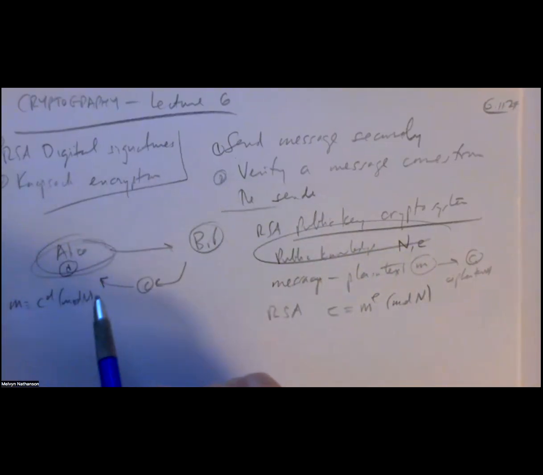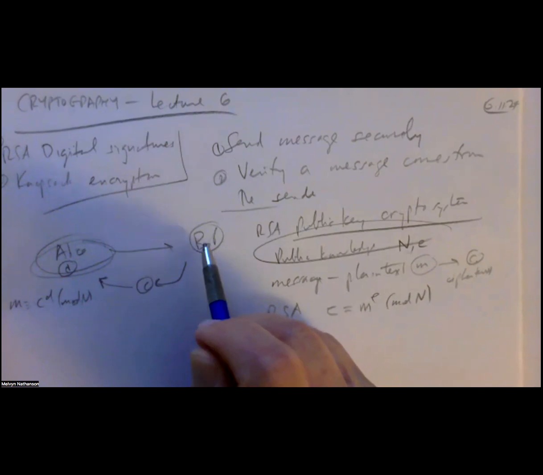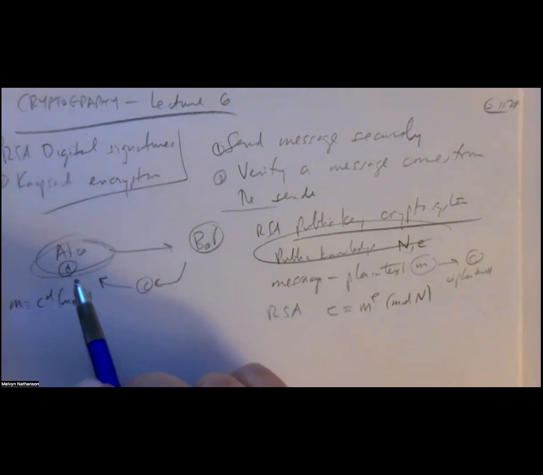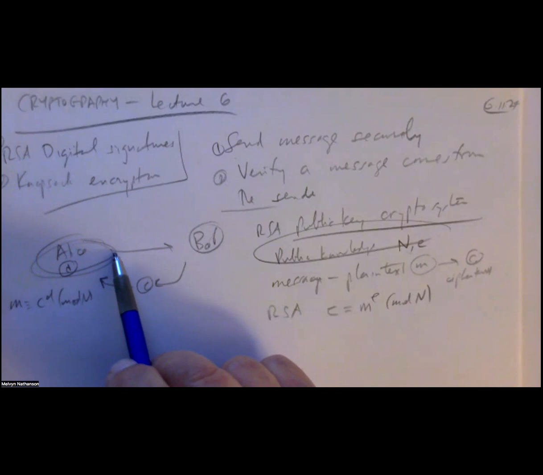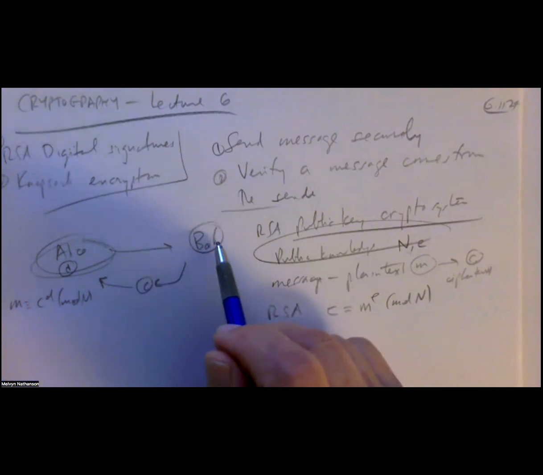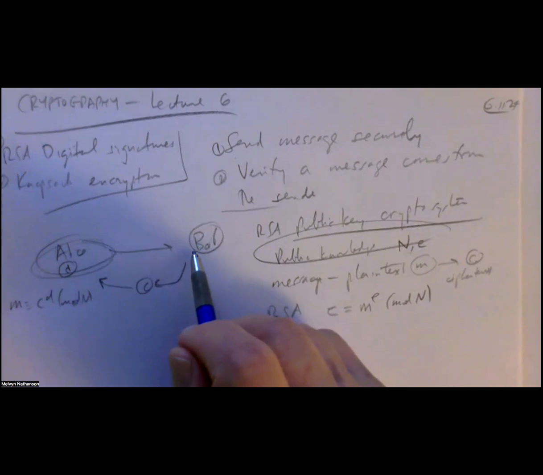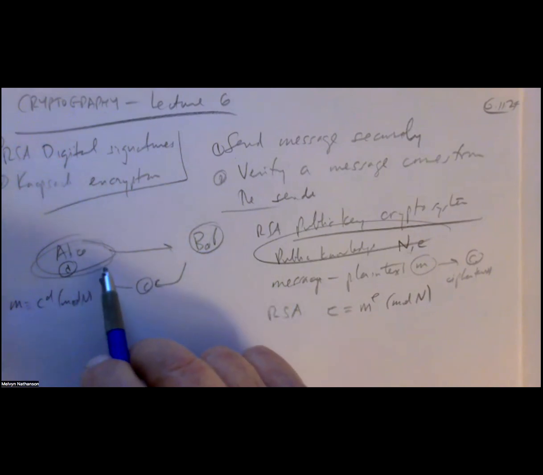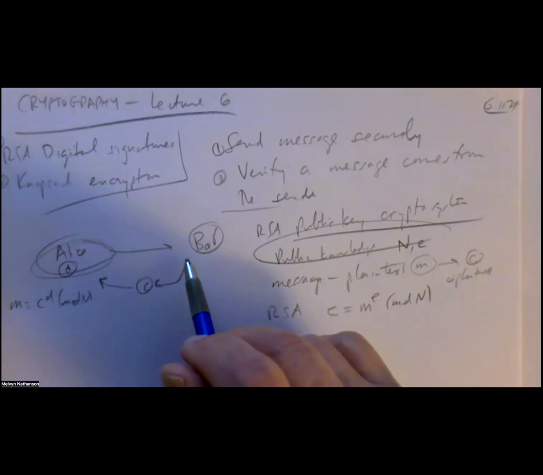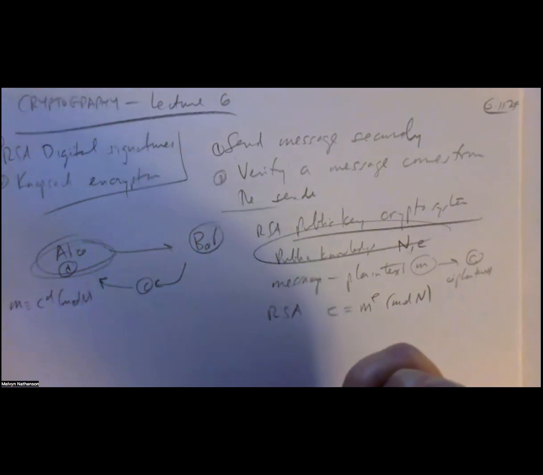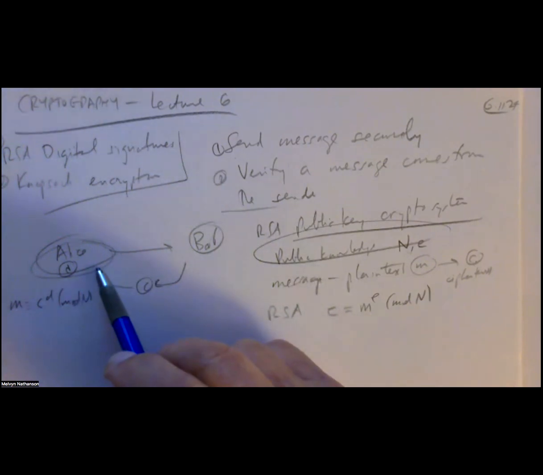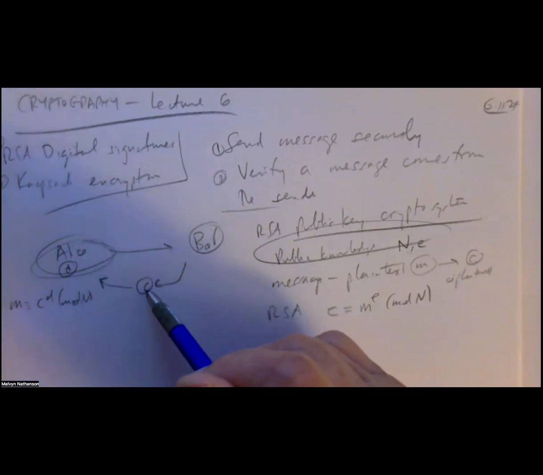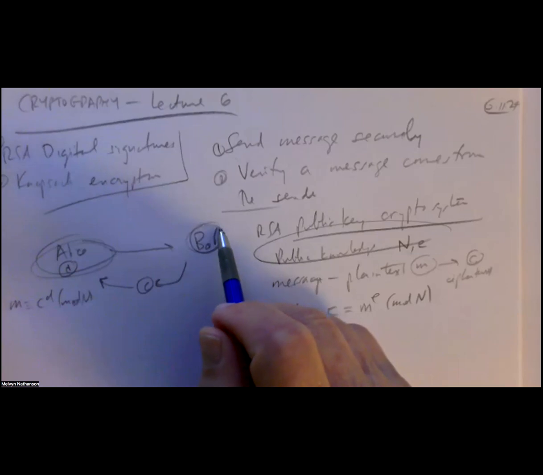But everyone knows how to encrypt. So here you are, Alice, and Bob wants to have Alice send $1 million to his Swiss bank account. And he sends her a message that says, send $1 million to my Swiss bank account. Here's the account number. And Alice says to herself, so this message says, transfer $1 million to Switzerland to this account. But how do I know Bob sent the message?